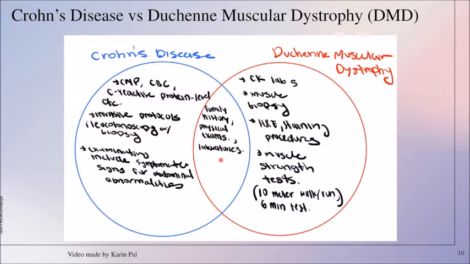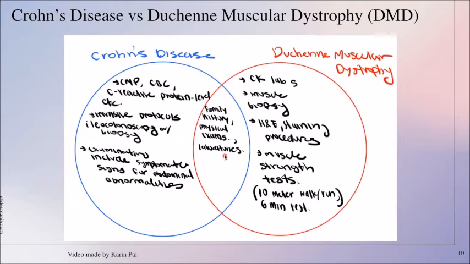Overall, there are similarities and differences between the diagnostic process for Crohn's disease and DMD. The diagnostic process for both Crohn's disease and DMD typically starts with family history, physical examinations, and laboratories.